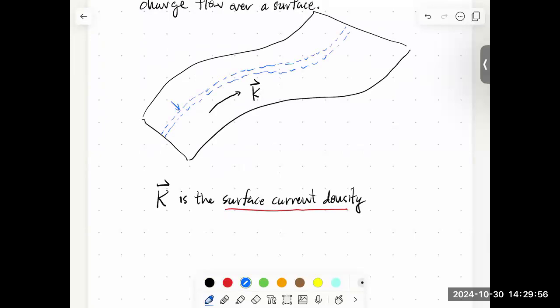So we'll make this thickness dl, and I'm going to call it dl perpendicular, just to emphasize that we've chosen our ribbon such that it is parallel to this surface current density.